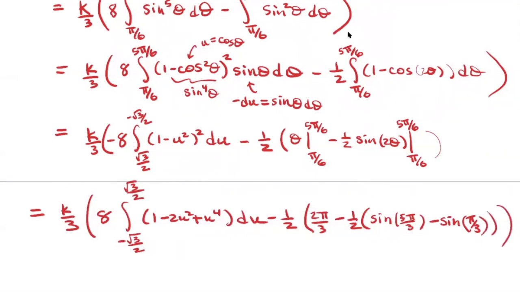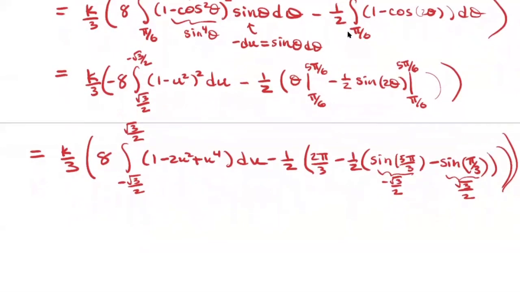Lots of parentheses, good heavens. The sine of 5 pi over 3 here is negative root 3 over 2. This is positive root 3 over 2, but you're subtracting it, so it's another negative.